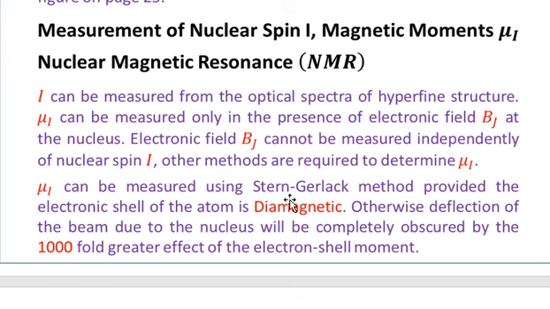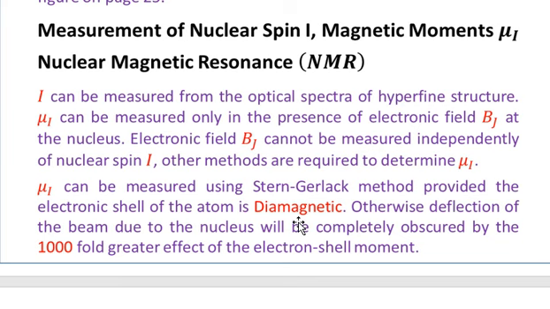Mu I can be measured using the Stern-Gerlach experiment method, provided the electronic shell of the atom is diamagnetic. Here diamagnetic means that the electrons are pairing each other.